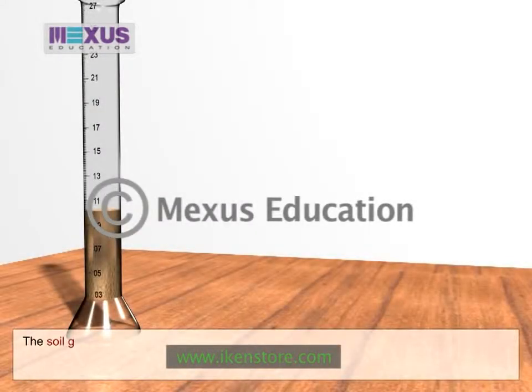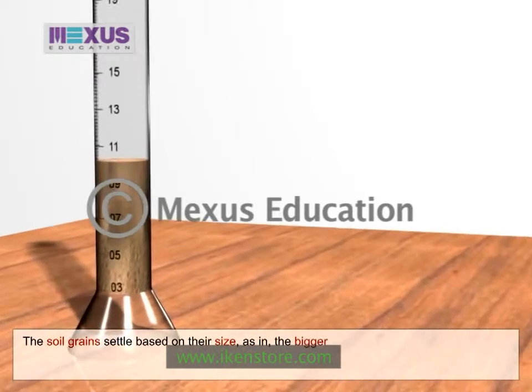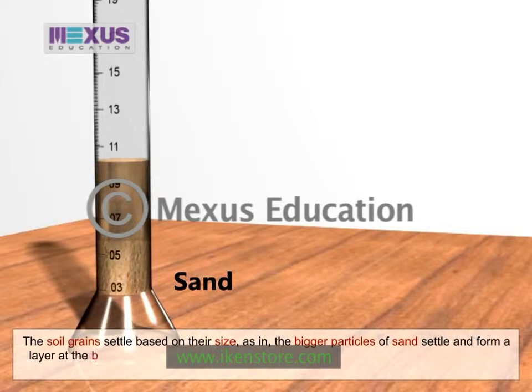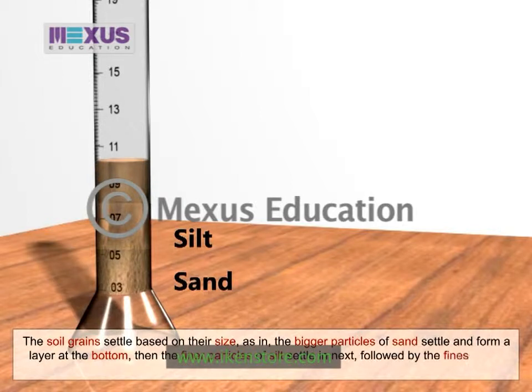The soil grains settle based on their size. The bigger particles of sand settle and form a layer at the bottom. Then the finer particles of silt settle in next, followed by the finest of all, the clay particles.